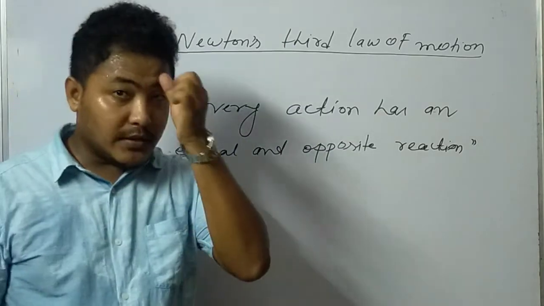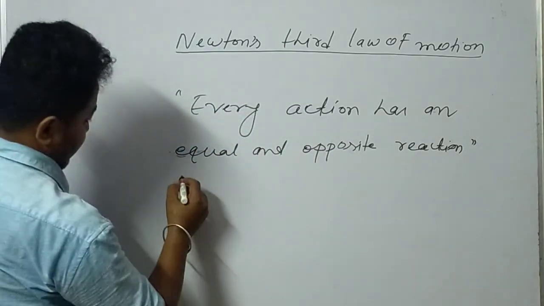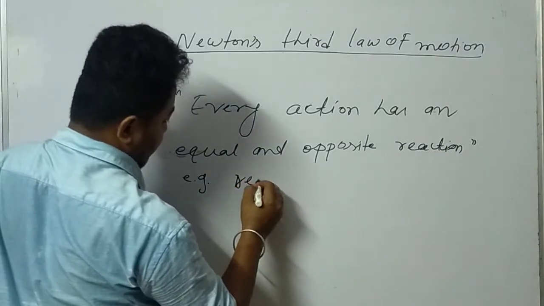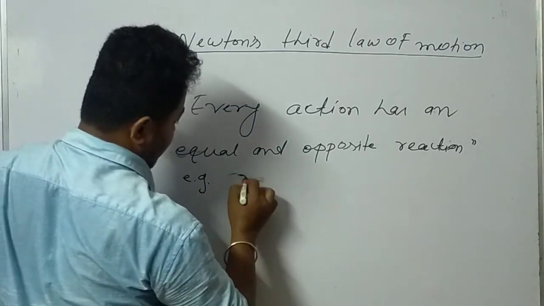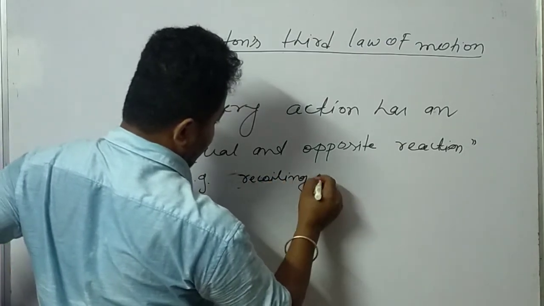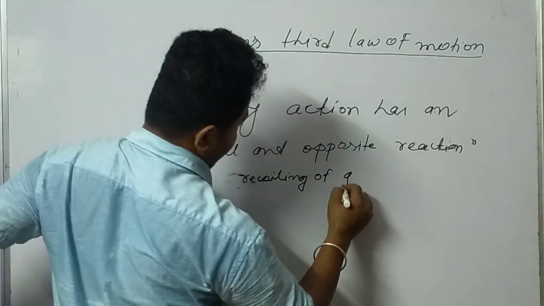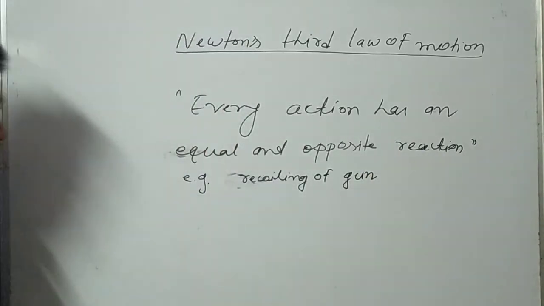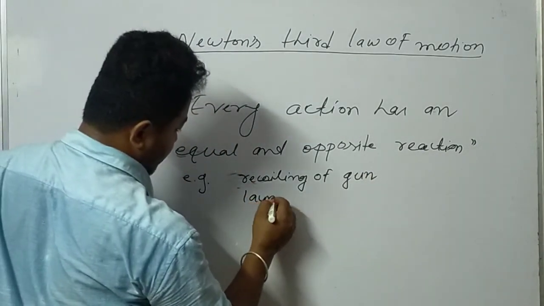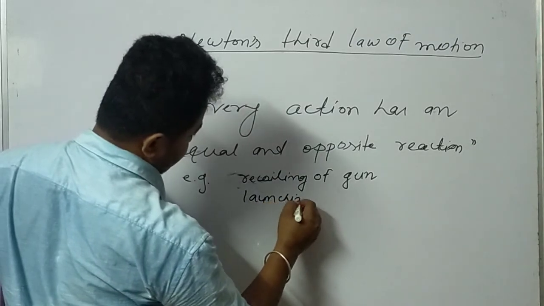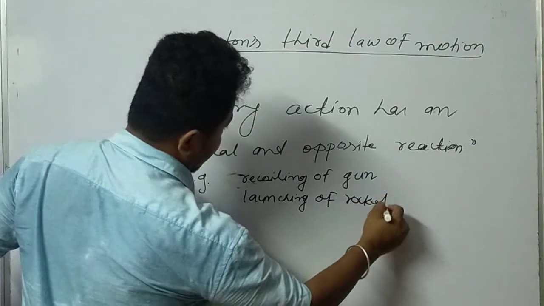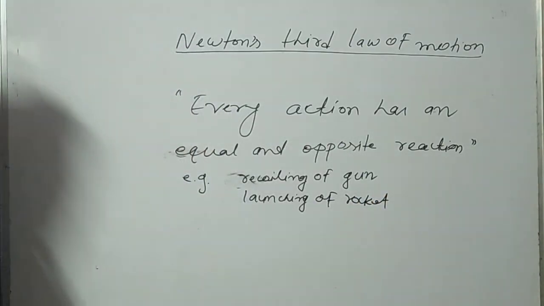So if you get a question, you can write some examples of Newton's third law of motion. As an example, you can write the recoiling of a gun, then the launching of a rocket.